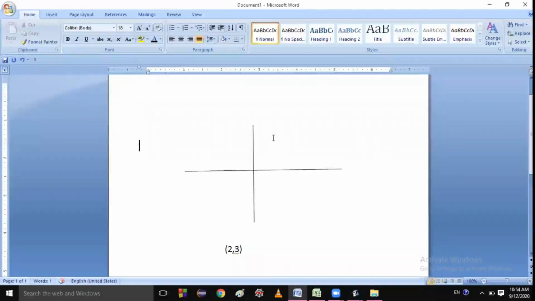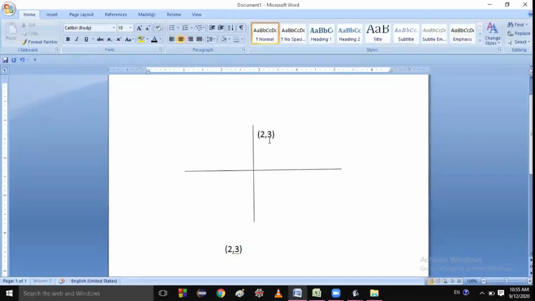That means this point 2, 3 will be here. Is it clear to you? Clear or not? If it is not clear, then tell me. Clear, sir. So this point will be in front of 3 on the y-axis and in front of 2 centimeter on the x-axis.